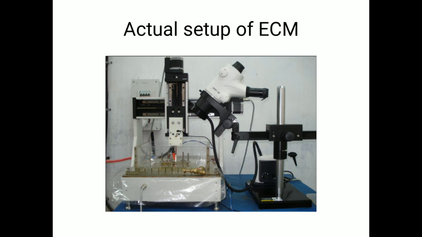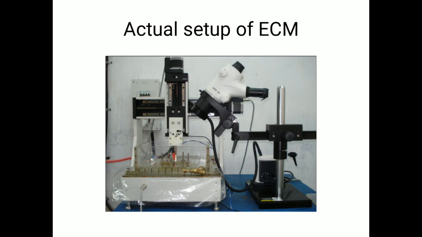There is one more setup which is used to control the power supply, flow rate, pressure and machining time. A programmed computer is attached with this electrochemical machining setup to control all these variables.